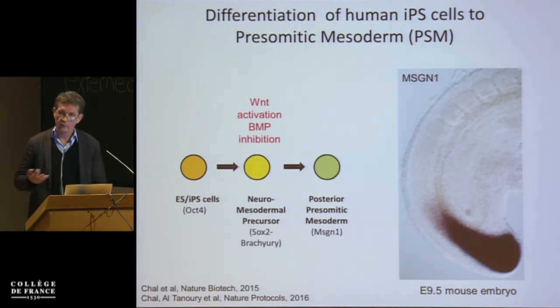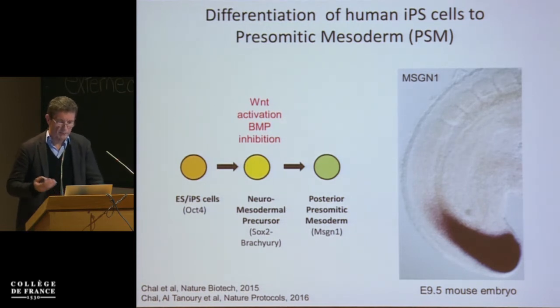And so for a long time, we've been trying to also develop in vitro systems based on mouse and human ES or iPS cells, differentiated to the presomitic mesoderm with the hope that we could be able to generate oscillations in this system in vitro.